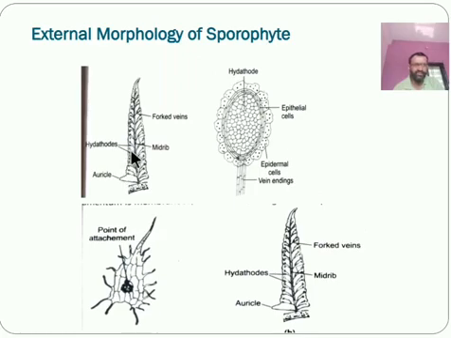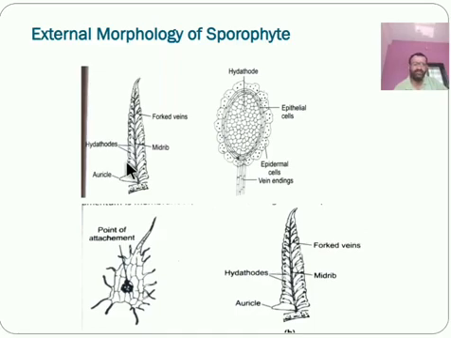They are present on the vein, and when seen under the microscope, it looks like this internally. The hydathode is present at the vein ending, and the white dots are arranged in two longitudinal rows, one and two, on the dorsal surface along the margin of each pinna or leaflet.